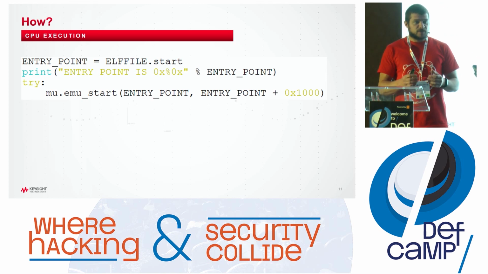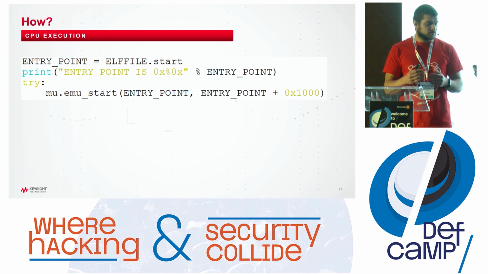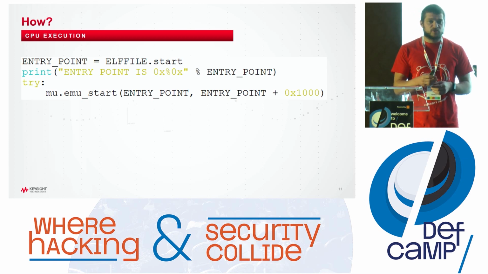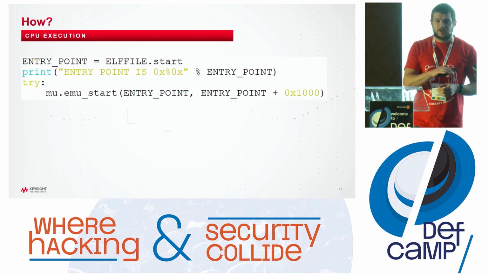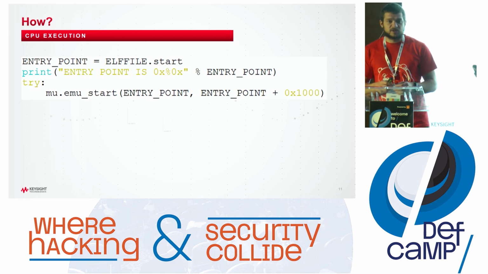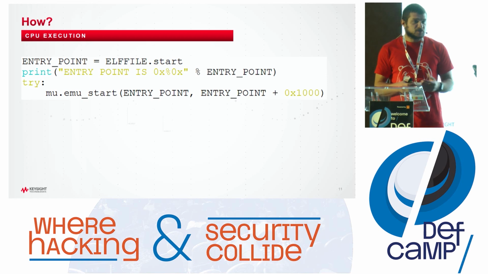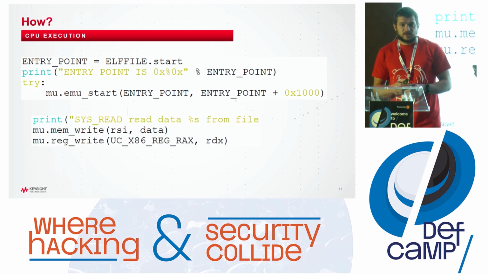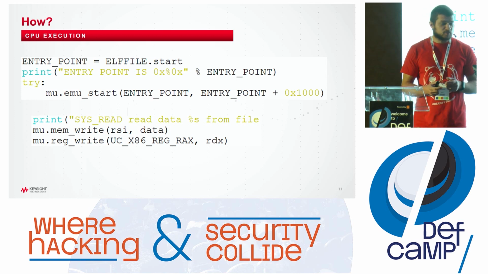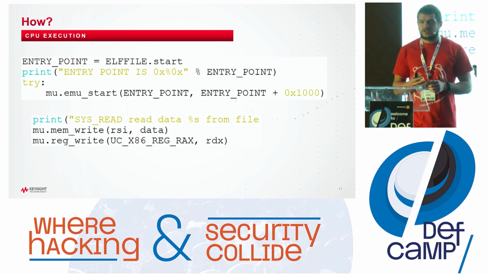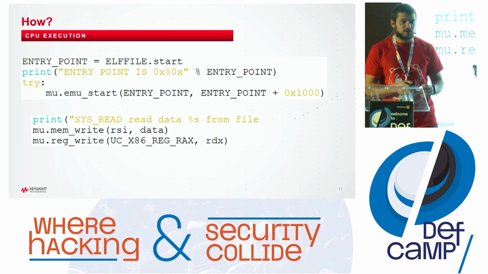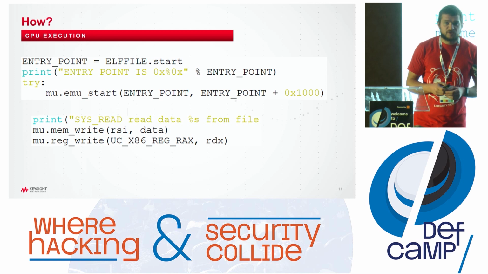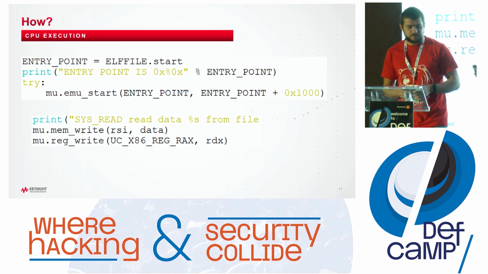Once you identify an entry point for the file, once you've done the binary loading part, you just have to specify the entry point and then call Unicorn emu_start, and it will start executing instructions up until the point it can no longer do that. You also have nice and easy access to writing memory, reading memory, writing registers and everything, so you can do it with just a couple of helper functions, just a couple of lines of Python to do everything you need at any point that you need.